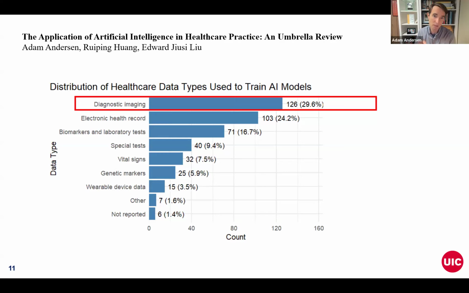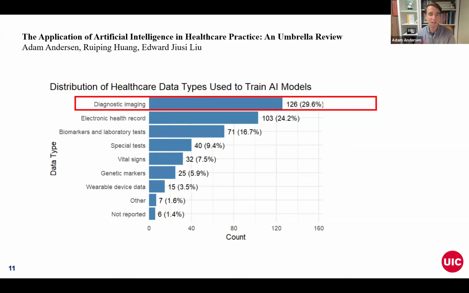So that means those X-rays, MRI scans. That's actually a very rich data source to help train AI models. And that's for a few reasons. But you could see below diagnostic imaging, electronic health records are a popular data source, biomarkers and lab tests, and then kind of down the line. Those top three comprise about 80% of the different data types that can help build AI models.